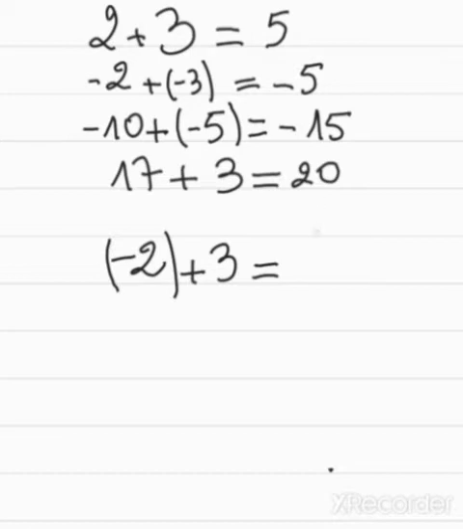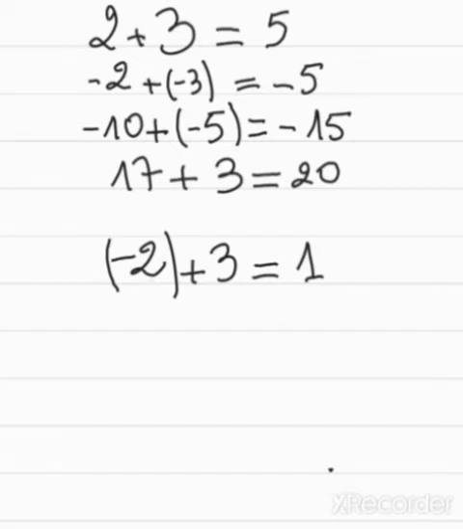Here we have to keep the sign of the number with the largest absolute value, which is 3. So we keep plus, and after that we subtract the absolute values. We take the smallest out of the biggest, and it's 1. It's plus 1.